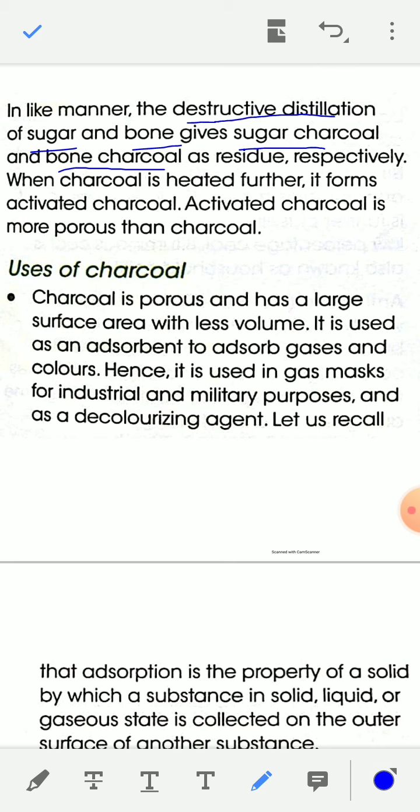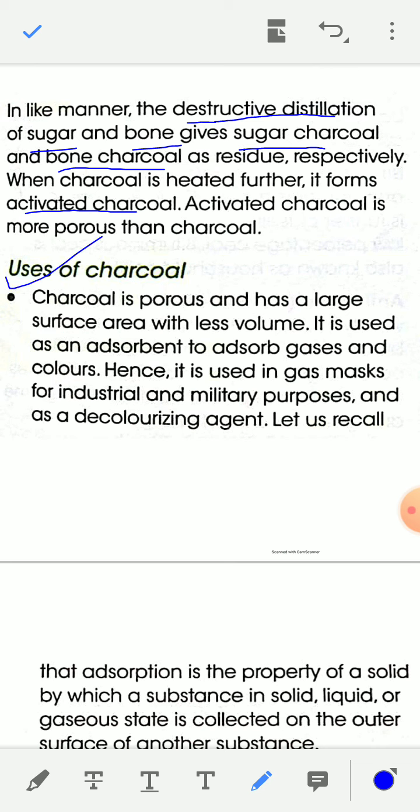When charcoal is heated further, it gives activated charcoal. Activated charcoal is more porous than charcoal. It is also soft. Now see uses of charcoal.